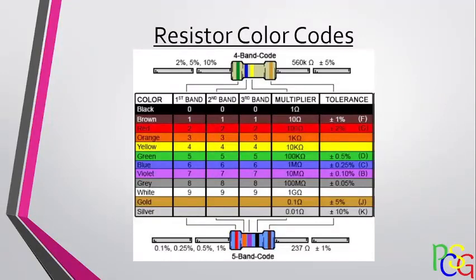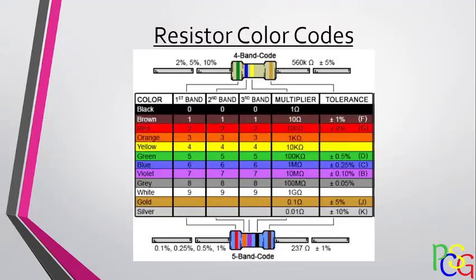So we have this color code. I cannot remember the acronym right now, not one that is appropriate for this class or recording. We have black, brown, red, orange, yellow, green, blue, violet, gray, white, gold, and silver.